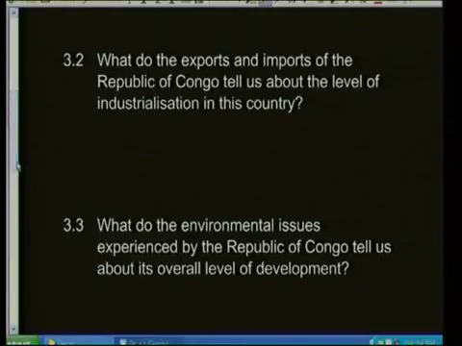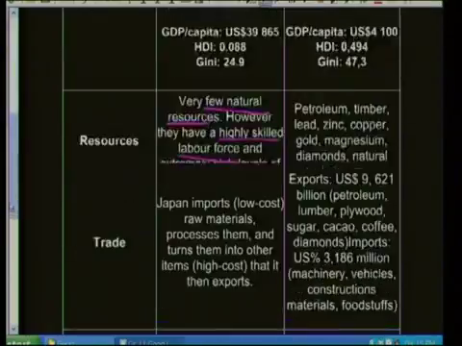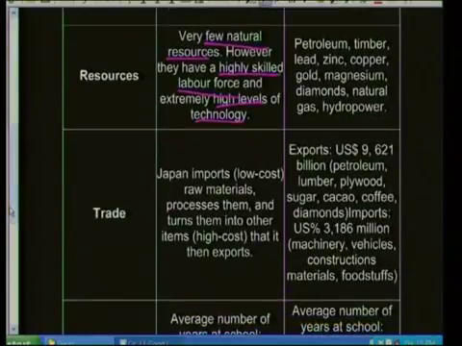Second question. What do the exports and imports of the Republic of Congo tell us about the level of industrialization in this country? So once again, we need to go back to our table, and go to the exports and imports, which would be found under the heading of trade.